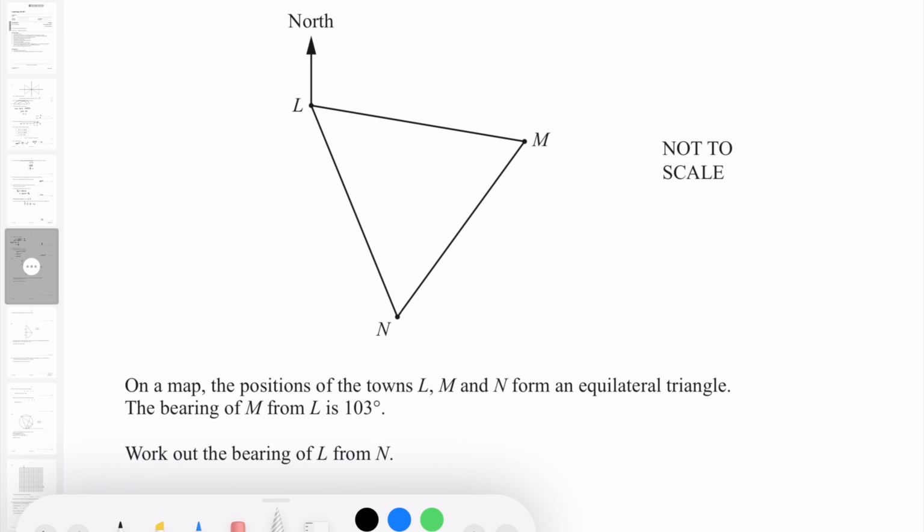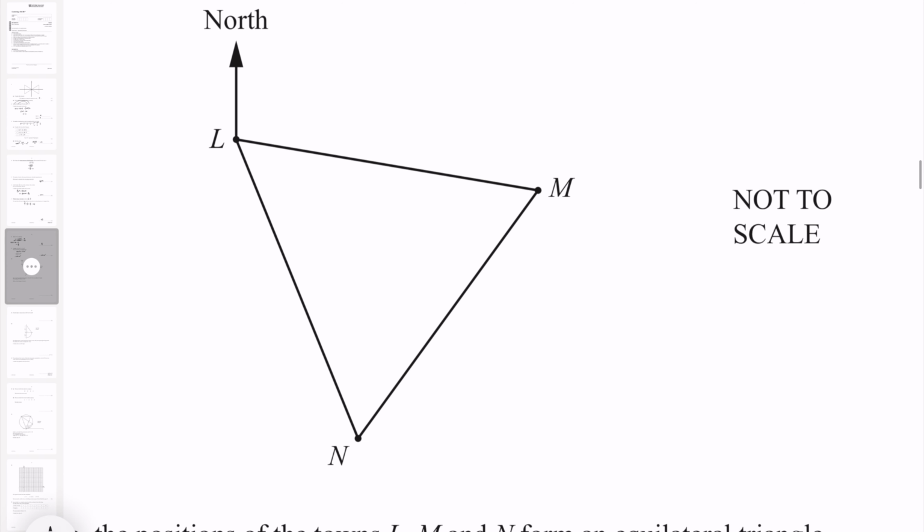On the map, the positions of the towns L, M, and N form an equilateral triangle. So all the lengths are equal. The bearing of M from L. I'm going to draw the bearing for each and every one of them.